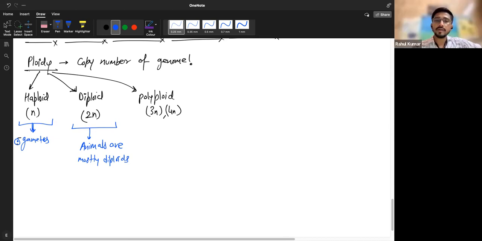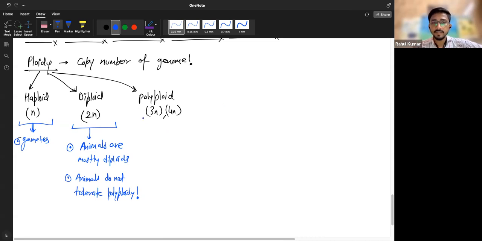Animals cannot tolerate polyploidy. Animals are mostly diploids. And write down, animals do not tolerate polyploidy. So humans cannot be 3n or 4n, never.